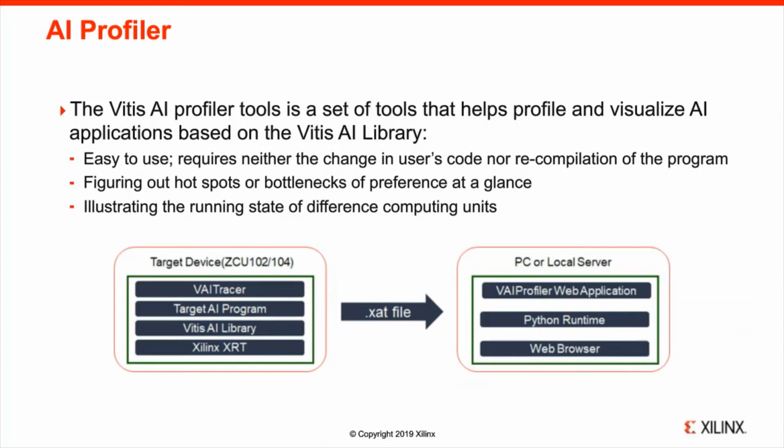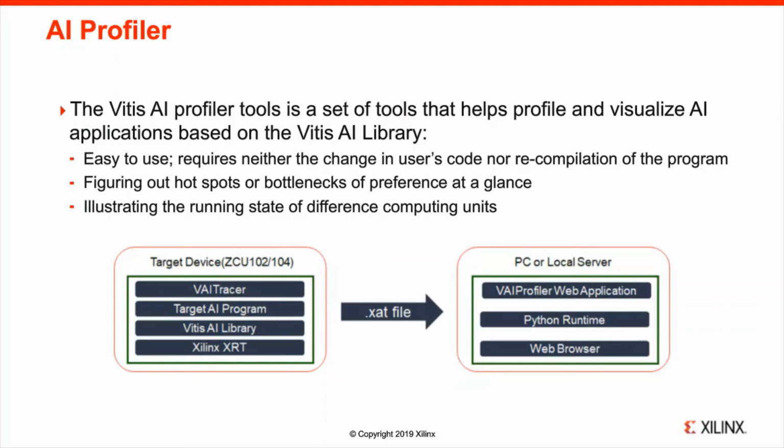The AI Profiler can be divided into two parts. One is called AI Tracer, the other is called AI Profiler. AI Tracer runs on the target devices. The users don't need to recompile the program to get it done.